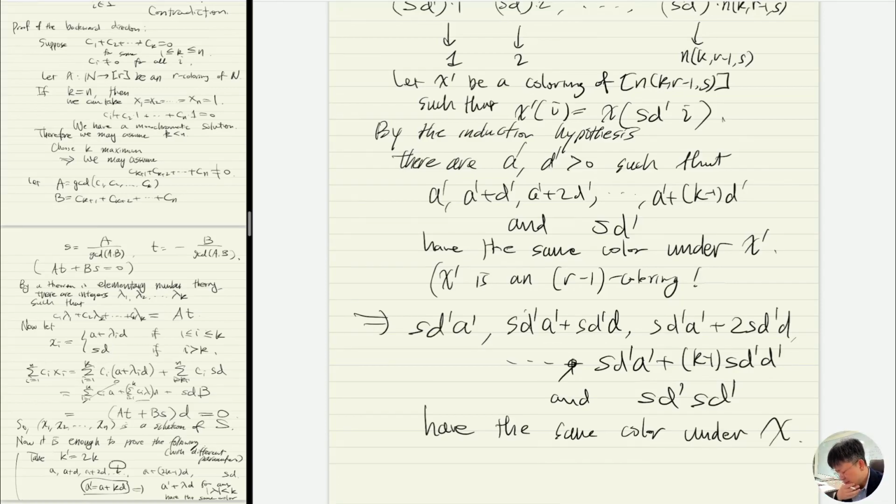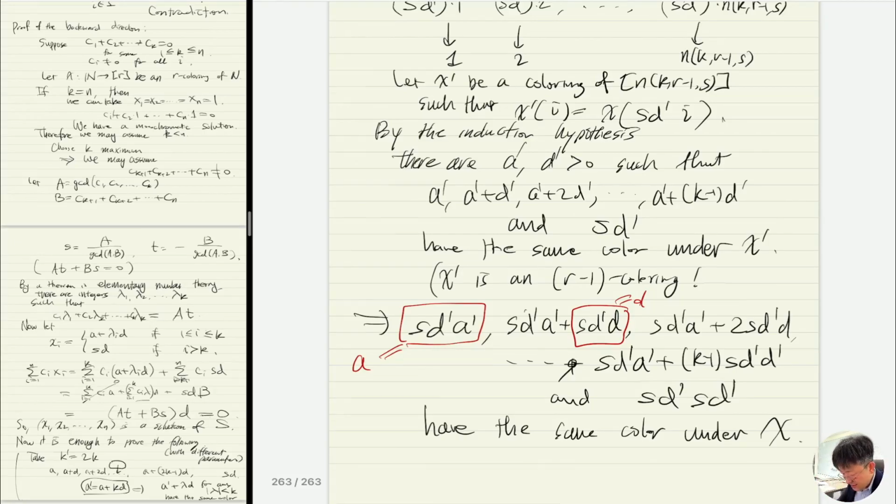Wait, what's wrong here? What I want to do is take this as my A, right? And then my D is this. This is my D, s d prime d, right? Oh, no, what is D?